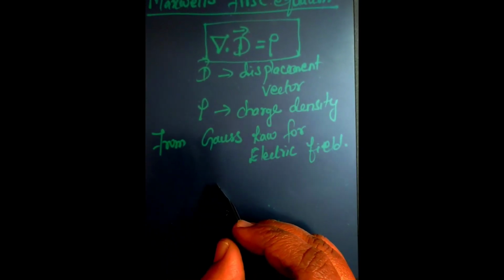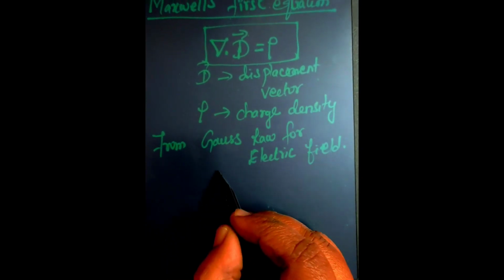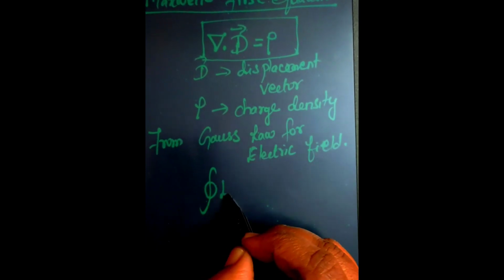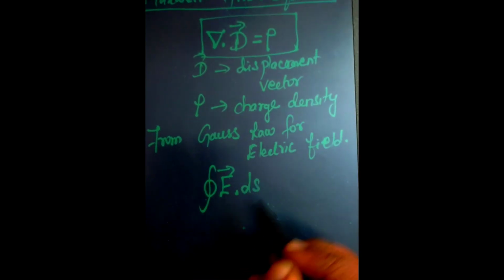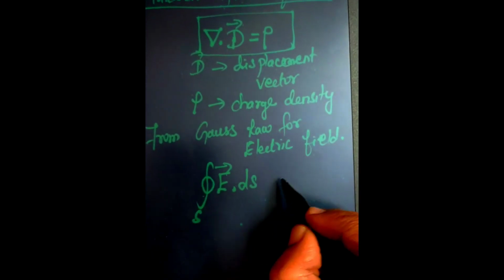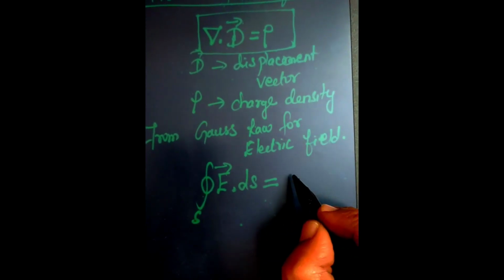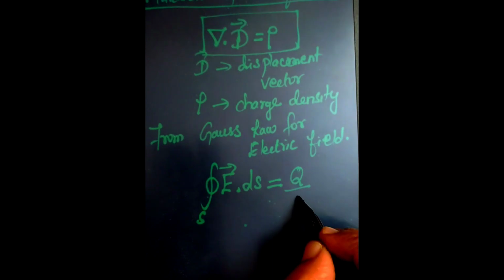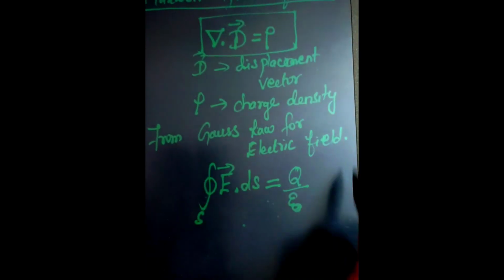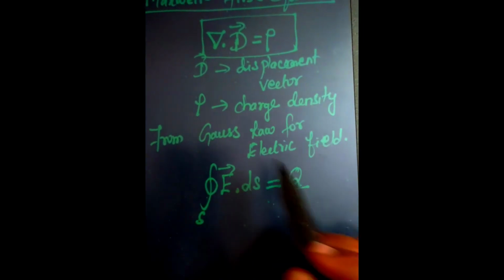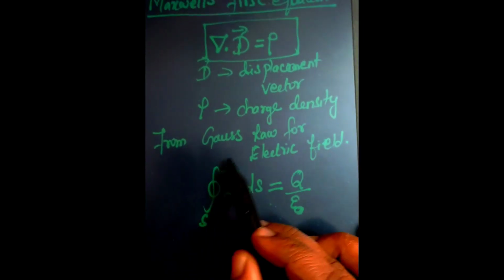Gauss law for electric field is given by the total electric field vector within a closed surface, which is equal to 1 by epsilon naught times the total charge. Here epsilon naught is the permittivity of free space.